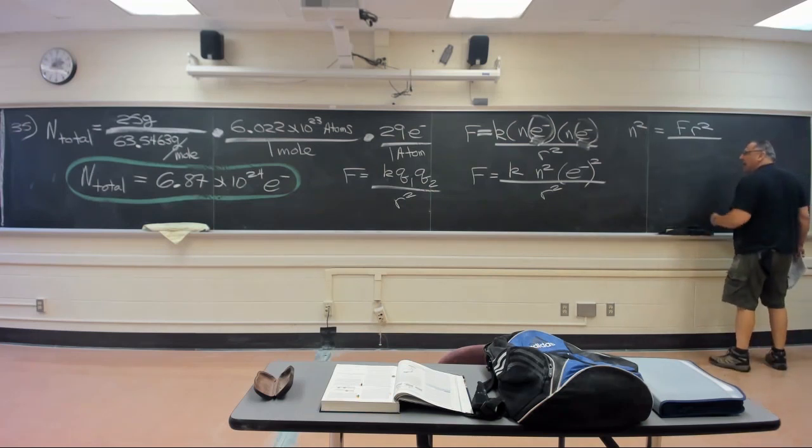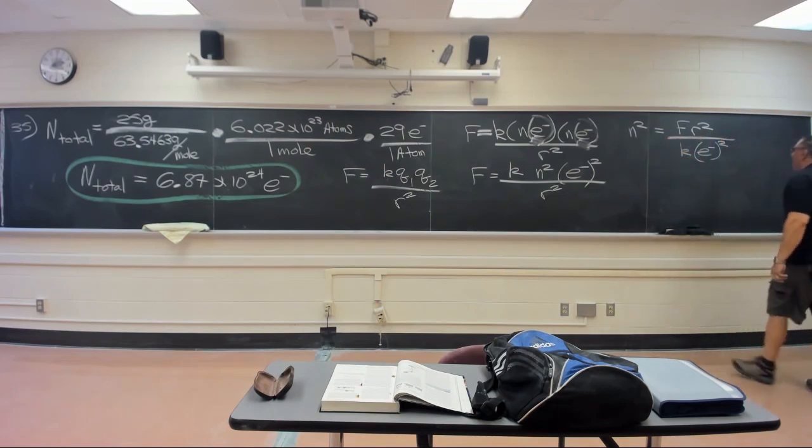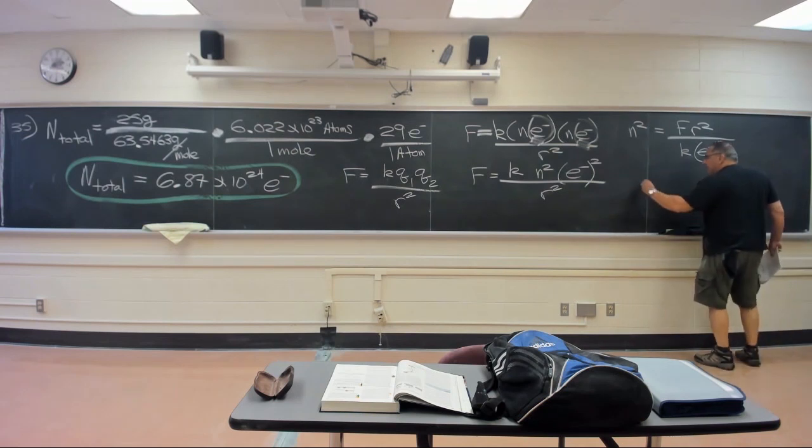In plain English, I'm going to multiply by r squared on each side and divide by that. It's equal to that. Square root both sides.